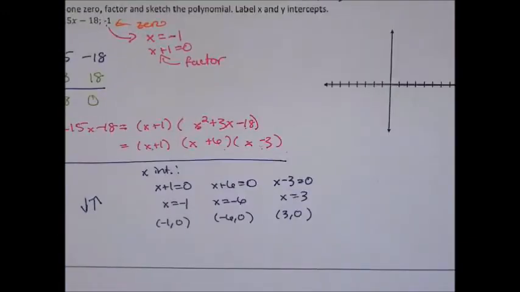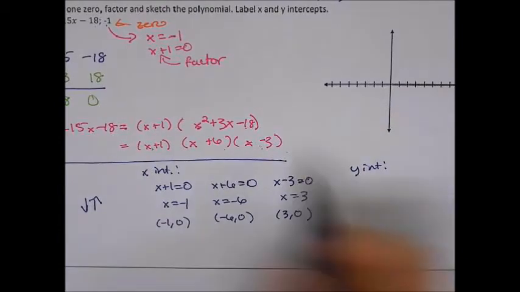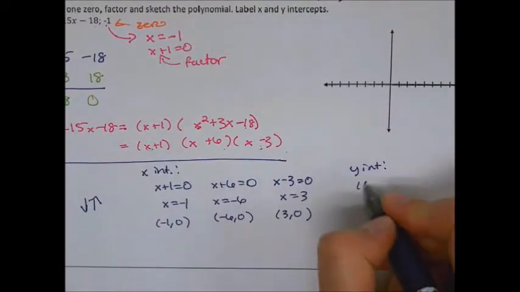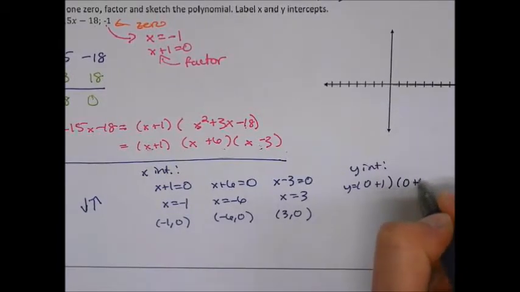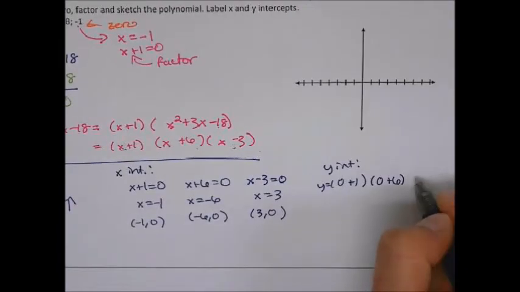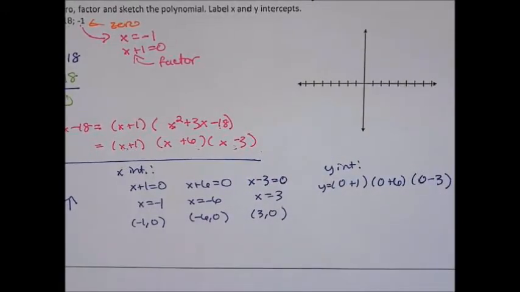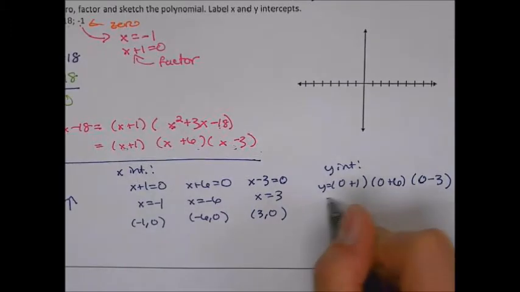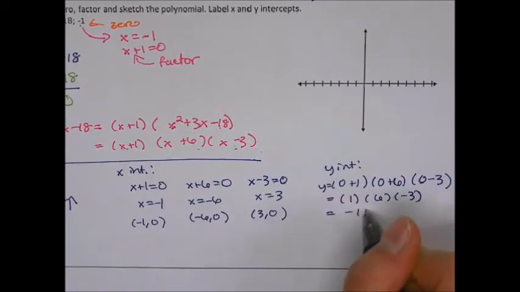And lastly, we have our y-intercept. I'm going to plug 0 into my factored form. Y is 0 plus 1 times 0 plus 6 times 0 minus 3. So that gives me 1, 6, negative 3, negative 18.